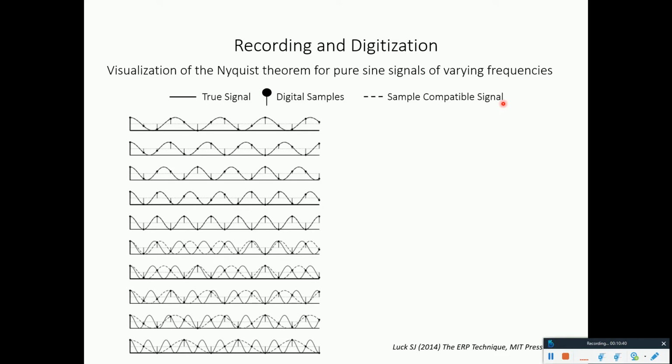So what are we talking about? The following. Here you see a true signal, a sine wave, which is of a certain frequency. You can see that over a given period of time, so let's say the whole thing, it goes through the circle 1, 2, 3, roughly 3.5 times.